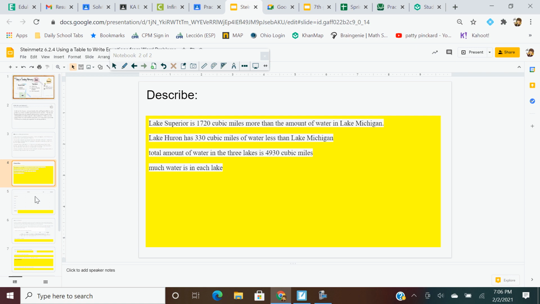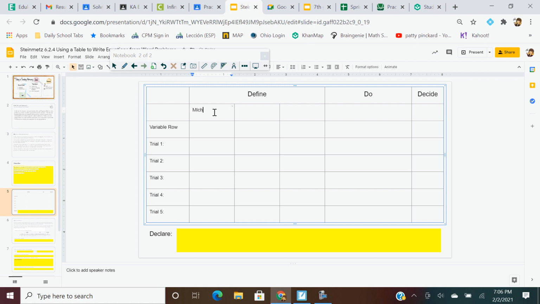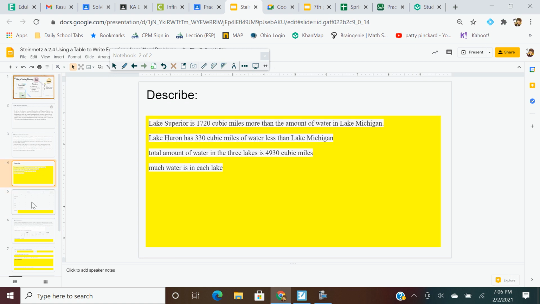So Lake Michigan is going to be the first column in my table. Then I'm going to do Lake Superior and then Huron. The reason I do Michigan first is because the other two rely on it. In the do column, I'm going to add the lakes. And in the decide, I'm trying to get 4,930.